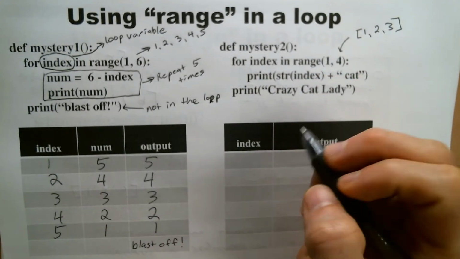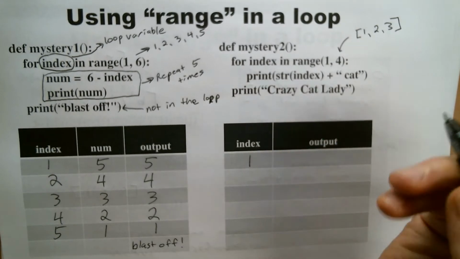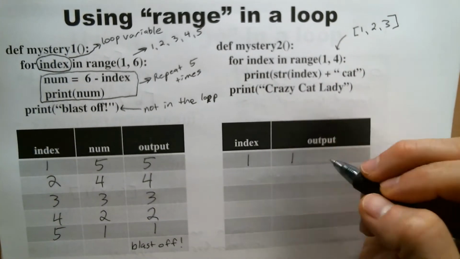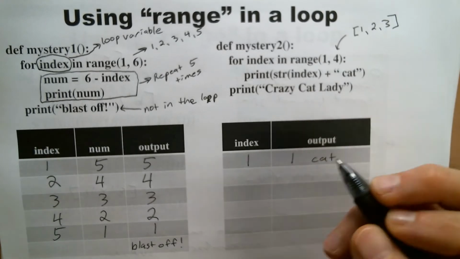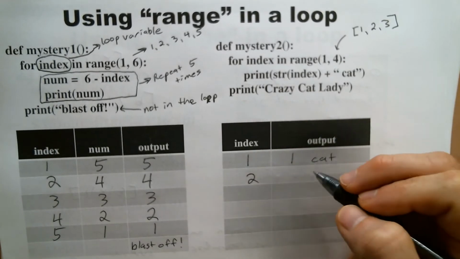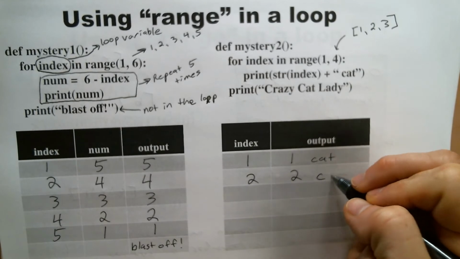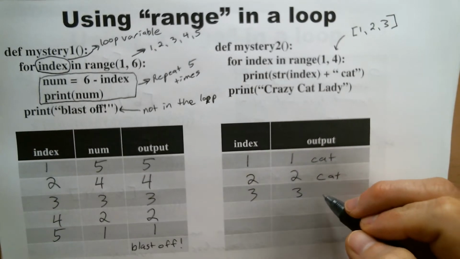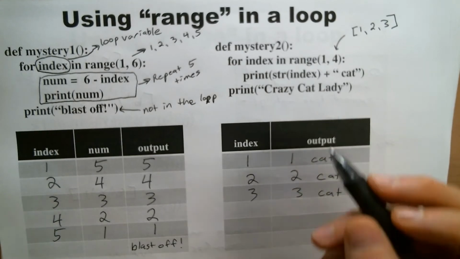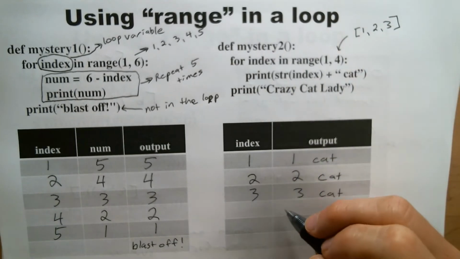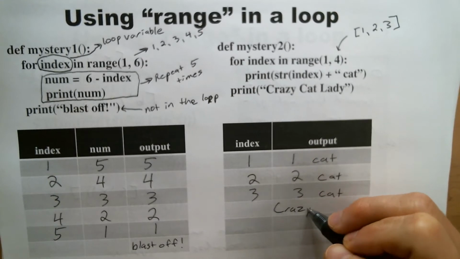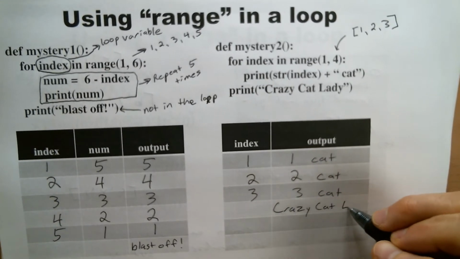So we've got an index of 1. So this is going to then say 1 cat. Then the index goes to 2, and it's going to say 2 cat. Then the index goes to 3, and it's going to say 3 cat. And then the loop is going to end. And only when the loop ends will we print out the phrase crazy cat lady.